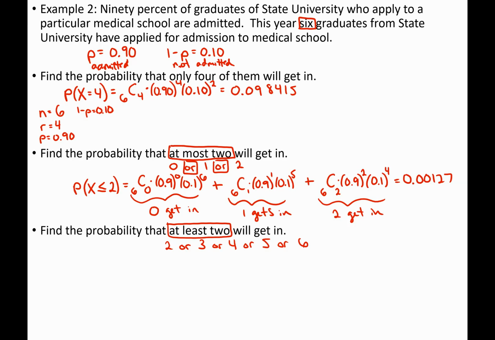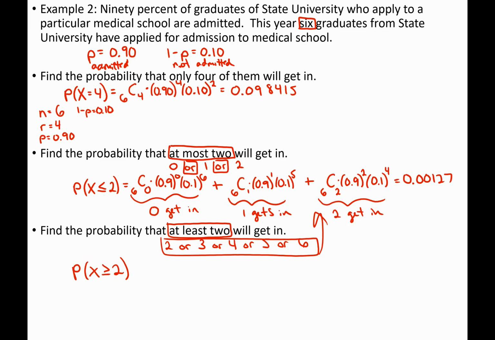What are the only amount of people getting in that we don't consider? 1 or 0. So you can do this. You can do probability. Now in this case, x is greater than or equal to 2. You can do all 5 cases. You can set them up like the ones we did up above. Set it up for all 5.